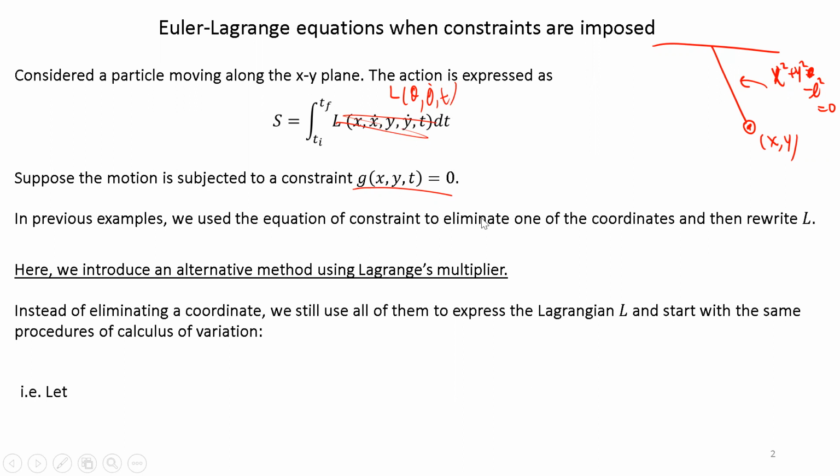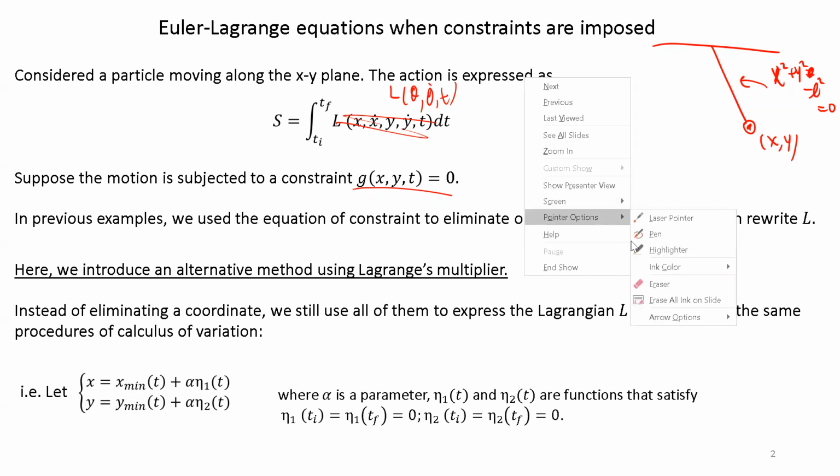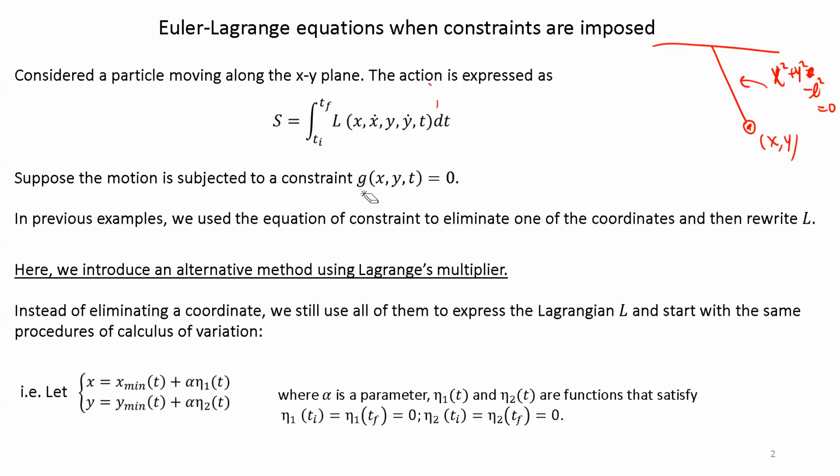So here we will use a different strategy. What we are going to do is, again, consider this problem on the xy plane, and I know that I have a constraint. But in the first step, I just pretend that I don't know about this constraint, or I should say I just ignore it. I still treat my problem as a two variable problem.